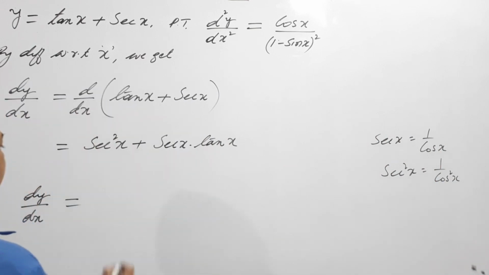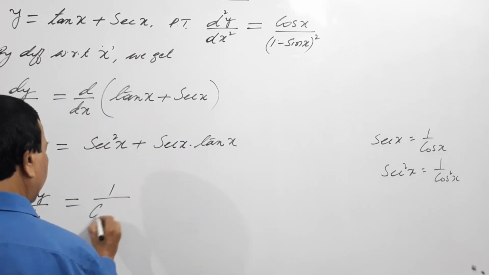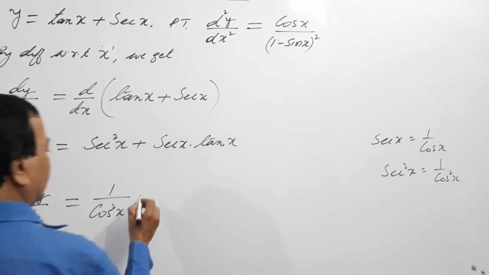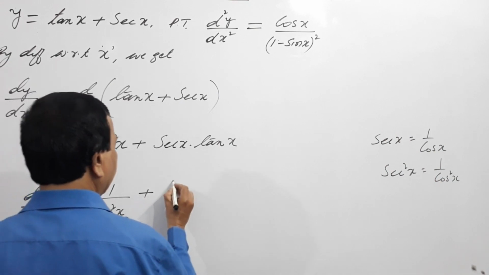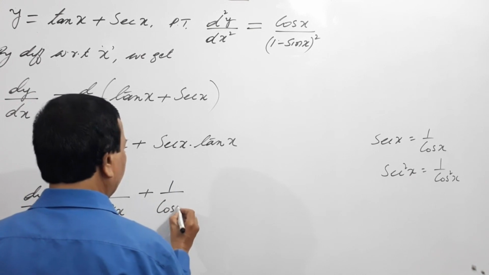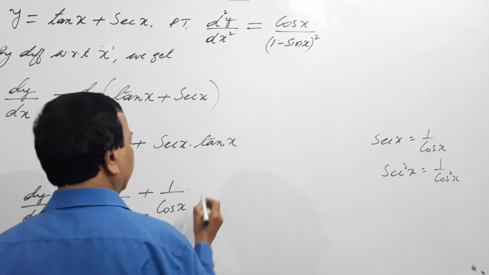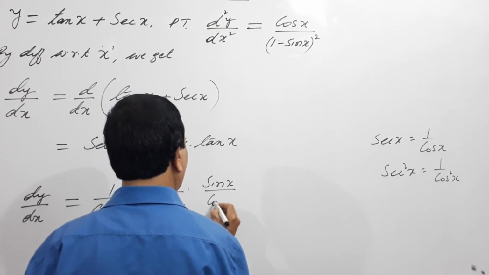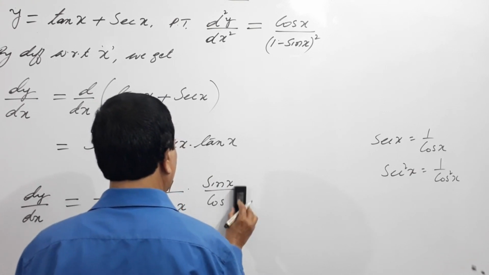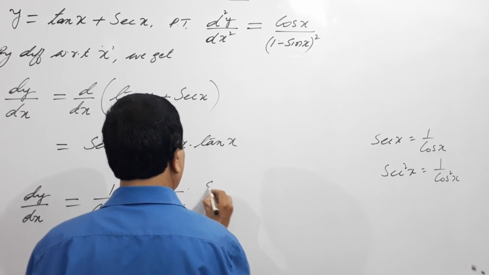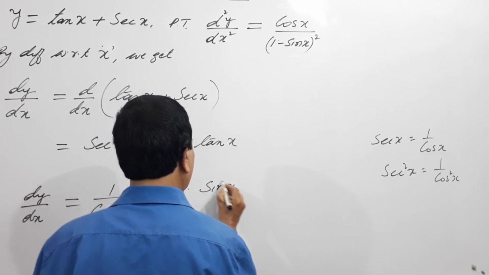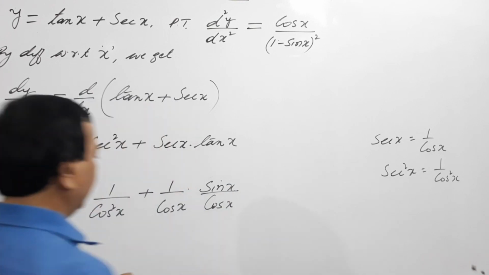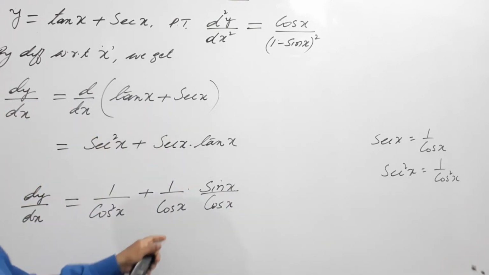So can I write this as 1 by cos square x plus secant x also in terms of 1 by cos x into tan x, which I will write as sin x by cos x. So everything I brought in terms of cos x.